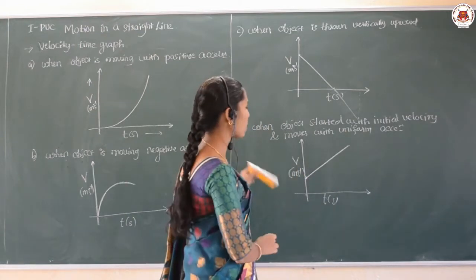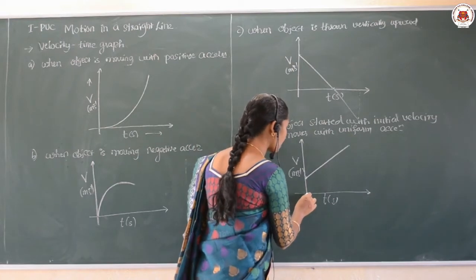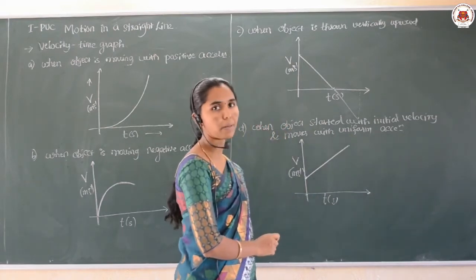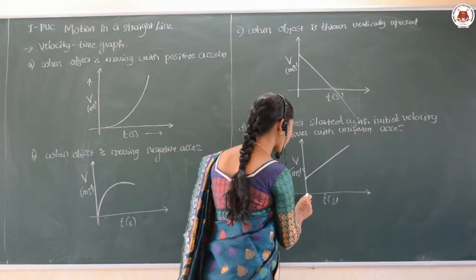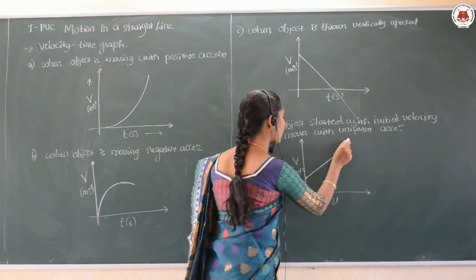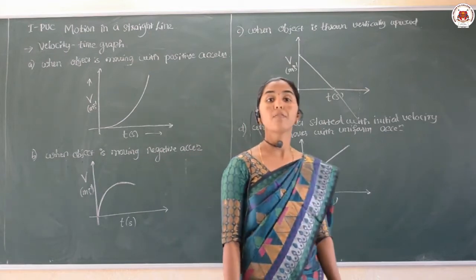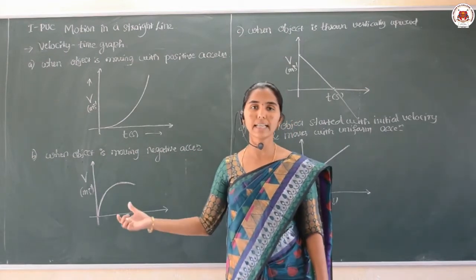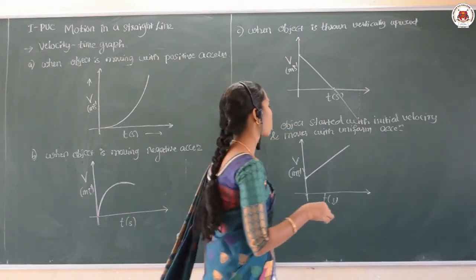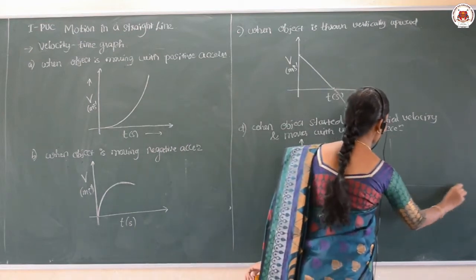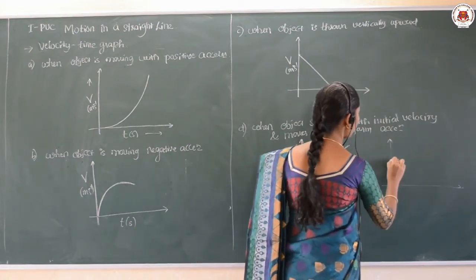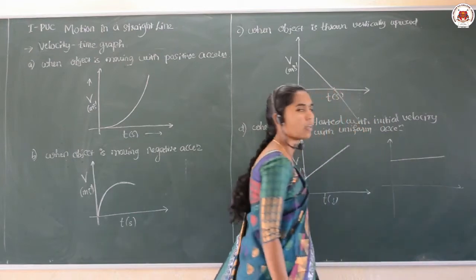And one more was there, where the object started at rest and was moving with uniform acceleration, which you can take like this. And see, dear student, the first graph of the velocity time graph, which we have shown like this, is the constant velocity.